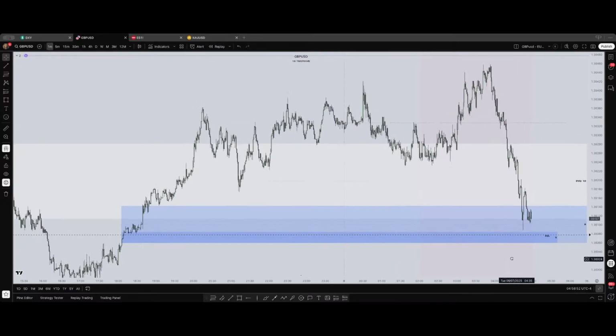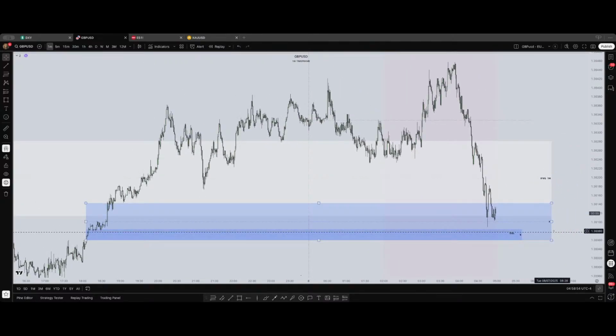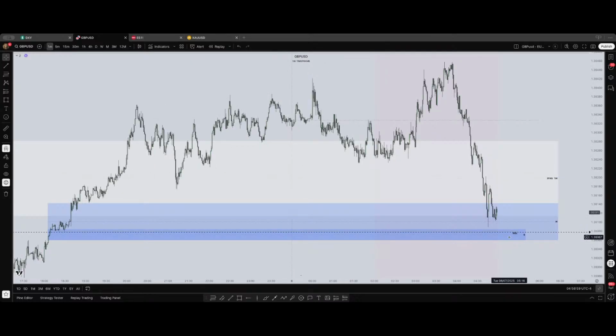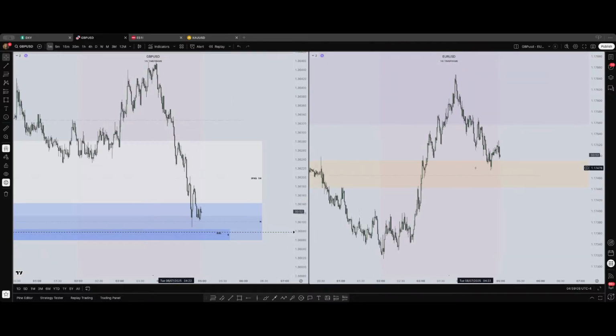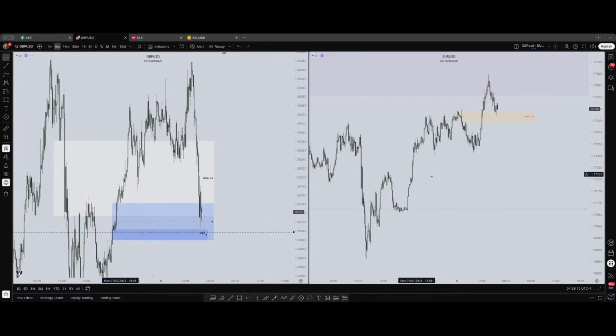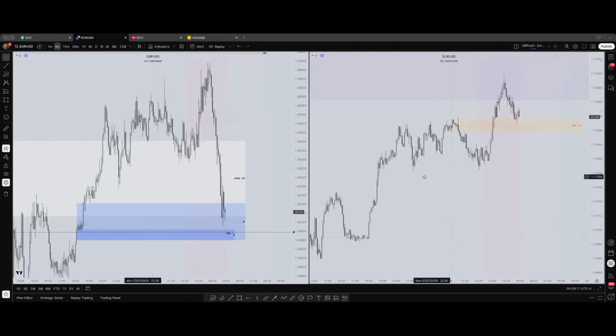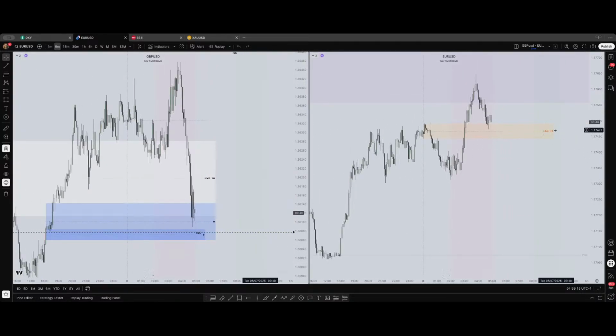So far, it seems price will reach these equal lows here in GBP USD, as you can see. So we wait. I would like to see also price respecting the breaker.